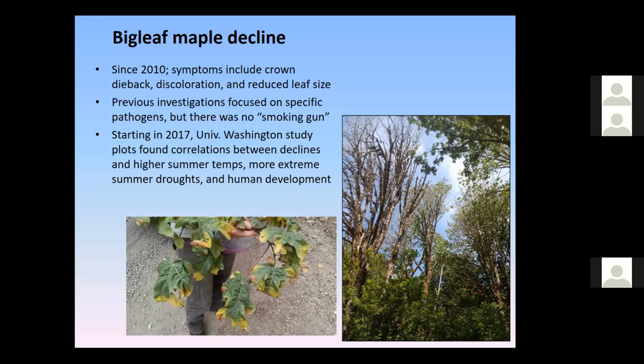You all remember those 90 plus degree days that we had, record numbers of those days for some of the more recent summers. And also, trees growing near human developments, changes in stand pattern may have impacted this as well. So hopefully with better moisture, lessening drought problems, we may see an improvement in some of these.